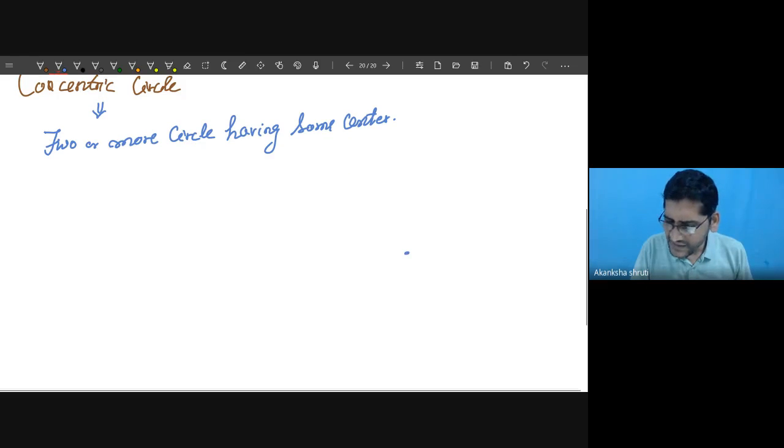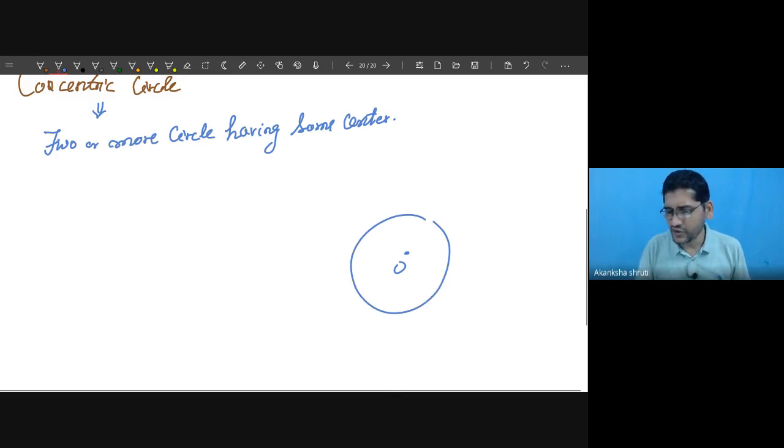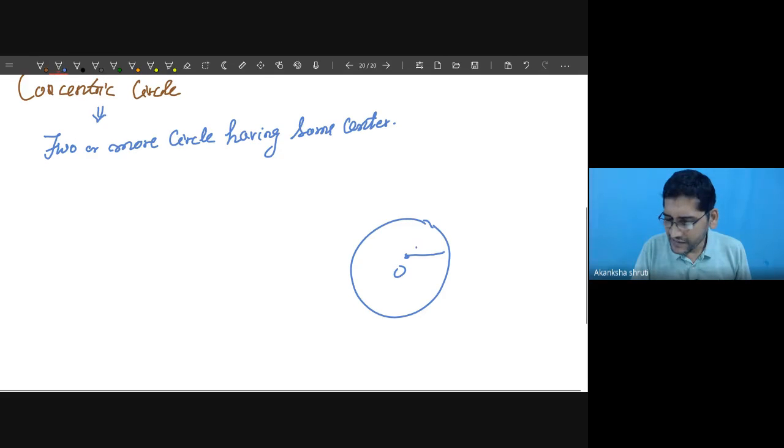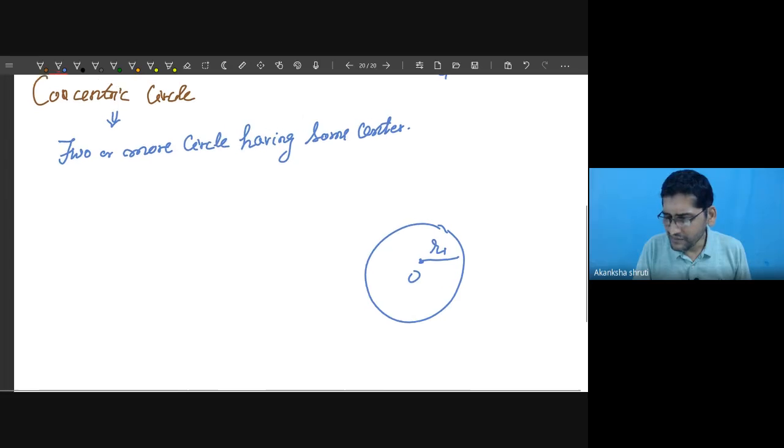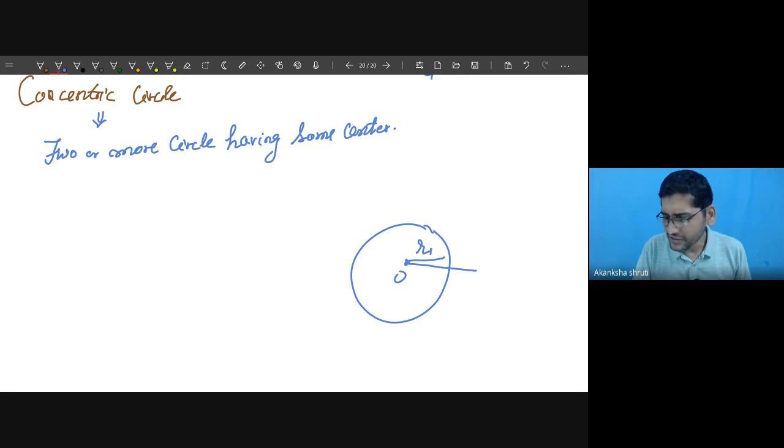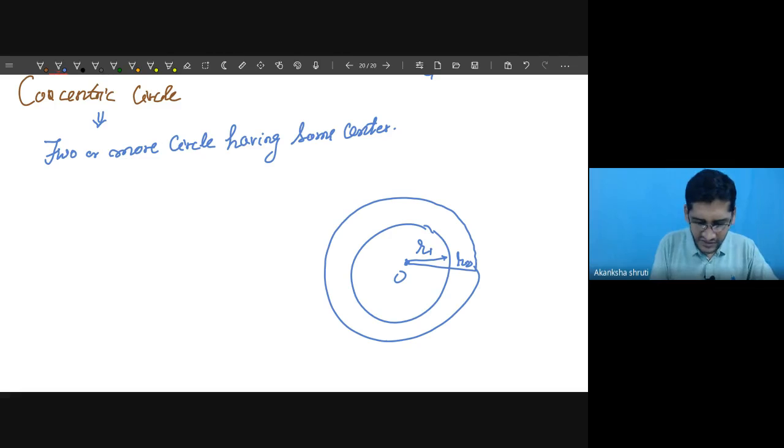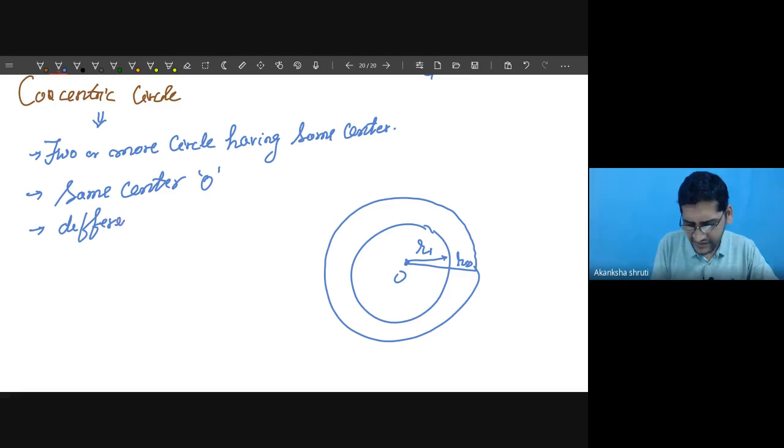Example, consider the point O. Considering this point O, you have drawn one circle with some radius R1, but with the same center and a different radius, you will get another circle. So this is your R2. Same center O, but different radius.